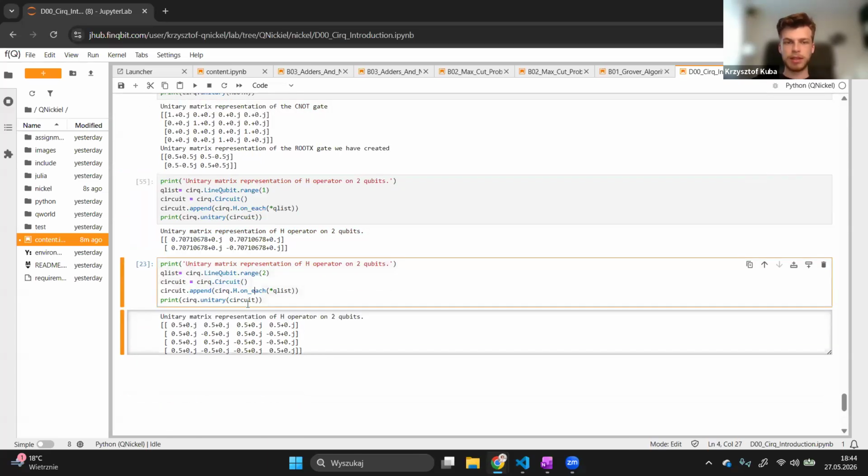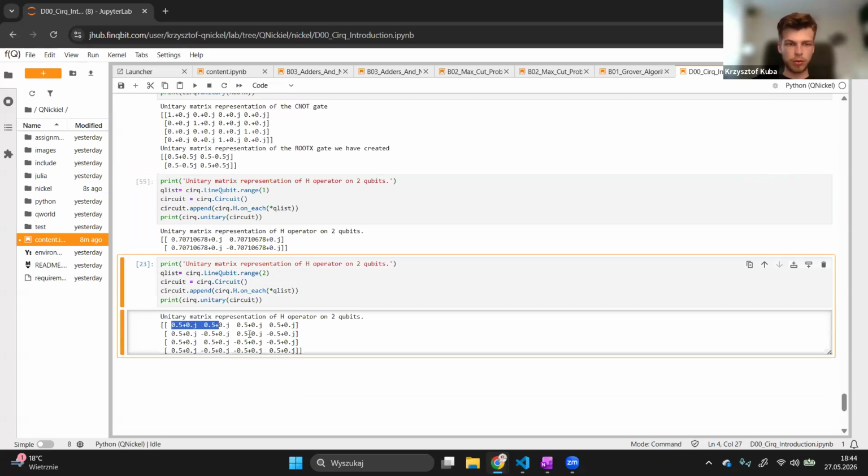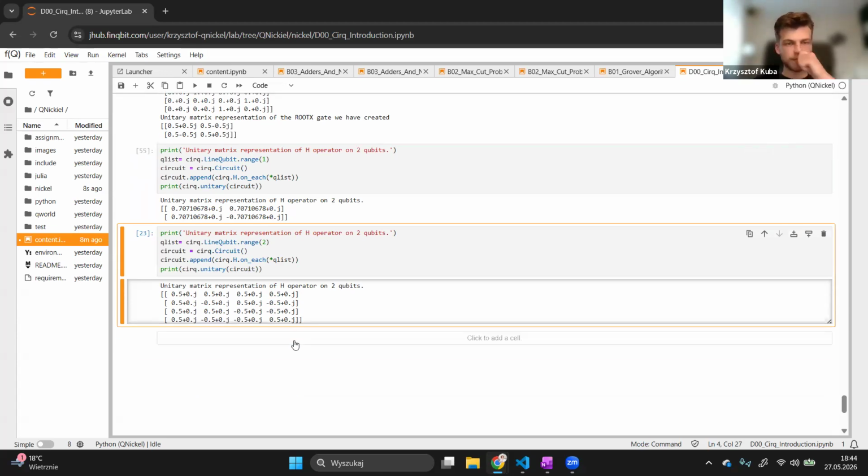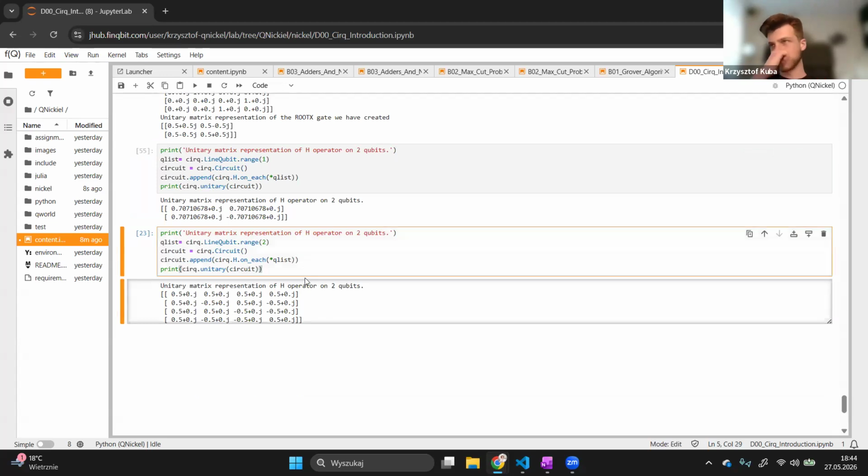But a Hadamard gate applied on 2 qubits is just 1/2, and we also have some minus signs here and there. We could also do this algebraically and apply the tensor multiplication. I don't know if you're familiar with it or not really.